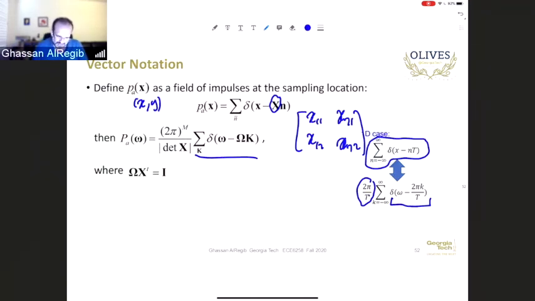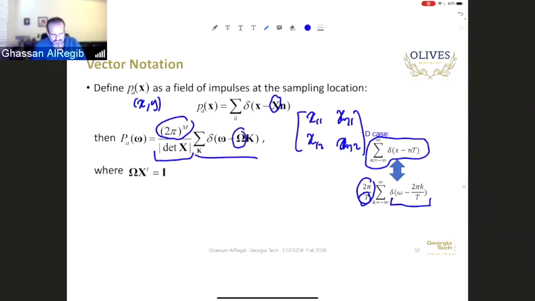Instead of having capital T in the denominator, we have the determinant of X. In the rectangular case, it will be capital X times capital Y. And on top we have 2 pi to the M, and we'll talk about that. The two-dimensional case is 2 pi squared, since capital M is 2. And then what we have here is capital omega.